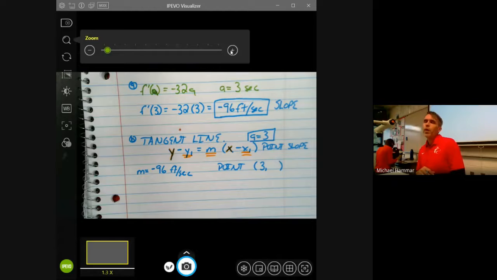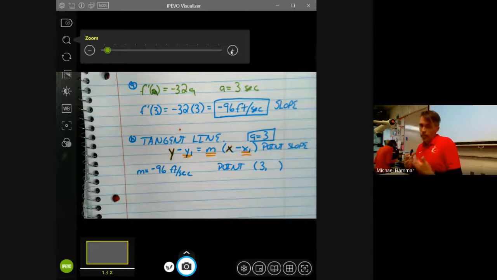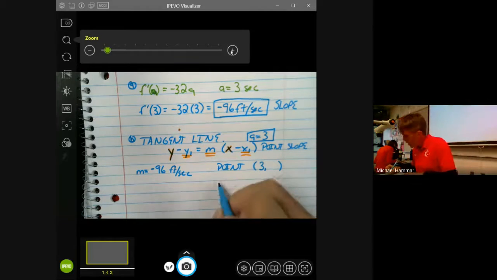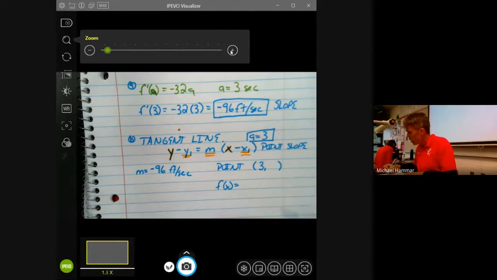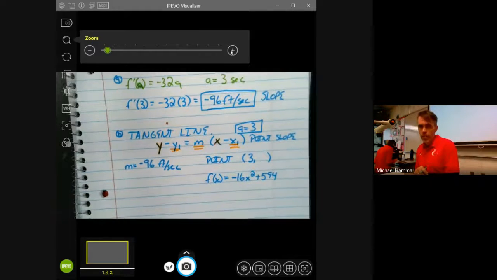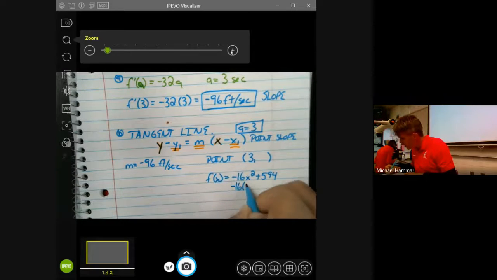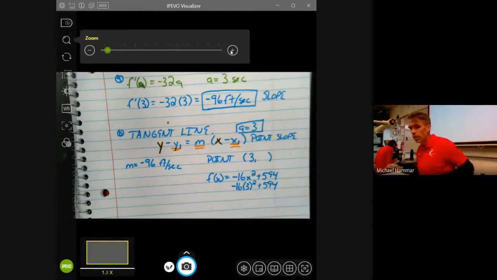So how do I find the y coordinate at 3? Remember, you were given in the very beginning a function that helps you figure out every point that's on that line. So we have to go back to that original function. The original function was negative 16 x squared plus 594. So we're going to go negative 16 times 3 squared plus 594.